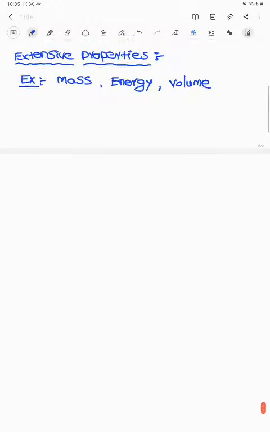Next one is work. Here work is a thermodynamic function. Work is defined as the product of the force and distance travelled by the substance.